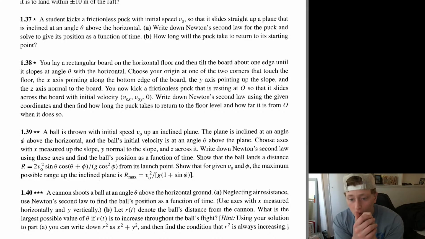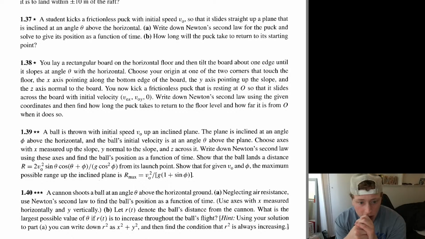You lay a rectangular board on the horizontal floor and then tilt the board about one edge until it slopes at angle theta with the horizontal. Choose your origin at one of the two corners that touch the floor, the x-axis pointing along the bottom edge of the board, the y-axis pointing up the slope. Wait, the x-axis pointing along the bottom edge of the board.